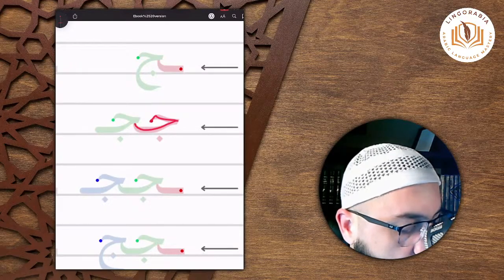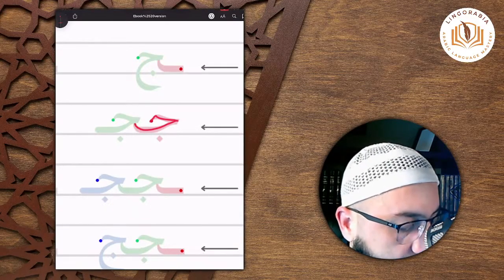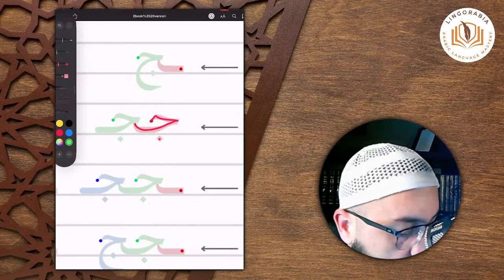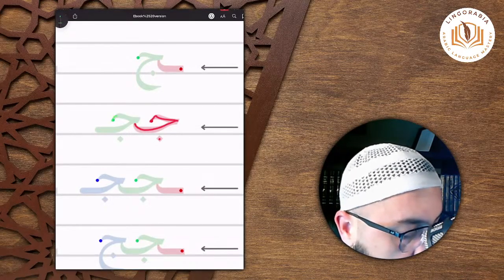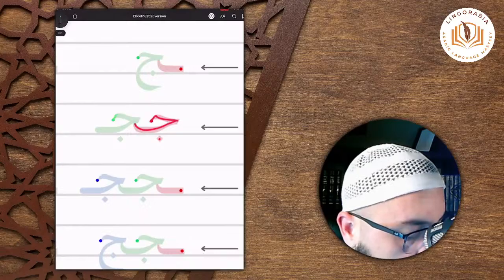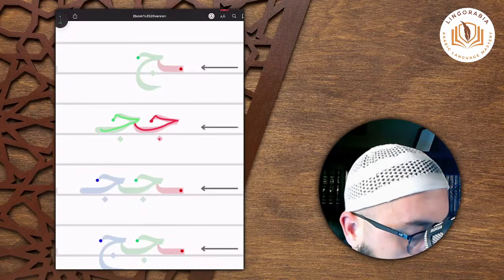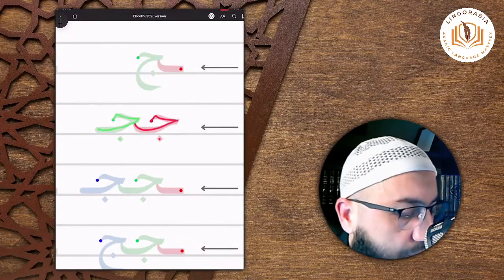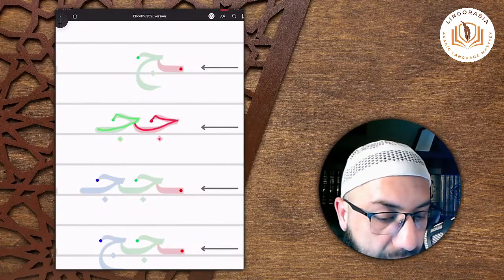Release the pen. The dot. Then we go to the next jim and we start at the dot. We go up, and we go to the right, and we come back. We go up, we go to the right, and we come back. So this is how you should write, guys.